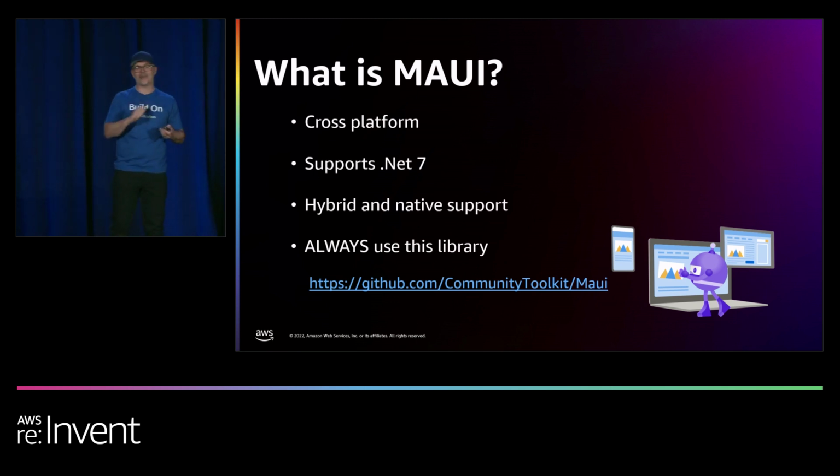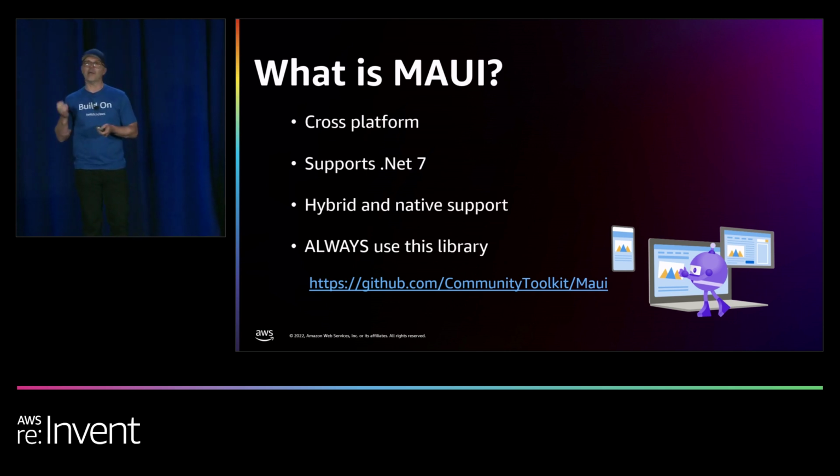So this Maui app is actually built in .NET 7. It supports hybrid and native. So the main difference between what was traditional Xamarin and Maui is you can run hybrid apps using Blazor inside a Maui container. So you can run a pure native app using Maui, or if you want to run a hybrid app, you can do that inside Maui.